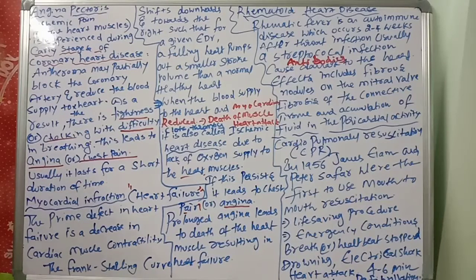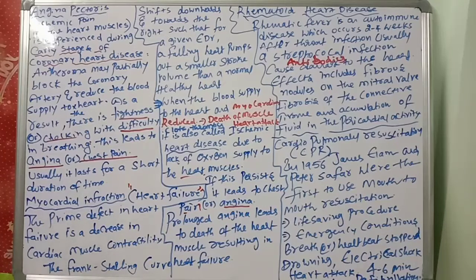CPR includes rescue breathing, achieved by mouth-to-mouth breathing to deliver oxygen to the victim's lungs, along with external chest compression. While compressing and giving oxygen to the lungs, it circulates the blood to the vital organs.